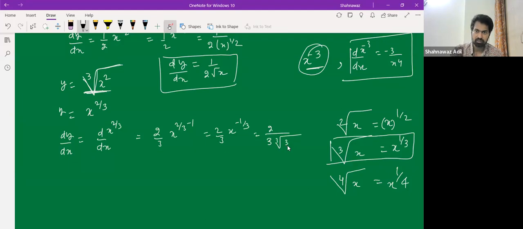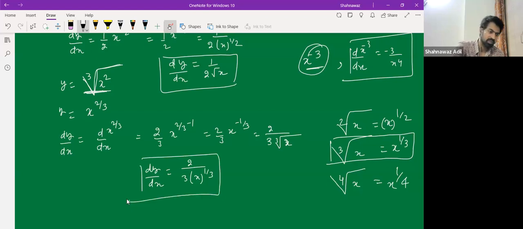Or we can simply write it as 2 by 3 times the cube root of x in the denominator. Is that clear, guys? So these are fractional powers. Understood?